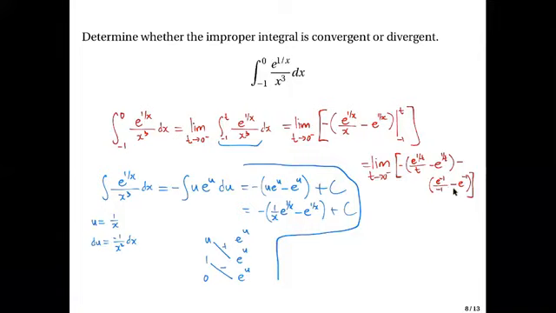So we will have the limit as t approaches 0 from the left of negative e raised to 1 over t, and then minus, that's just 0.